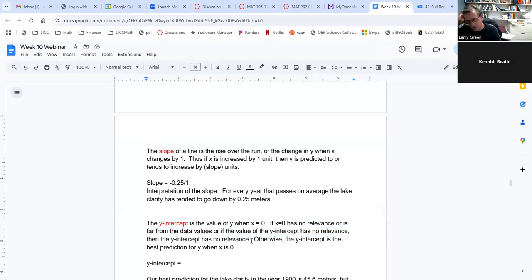And that can happen. The slope will have relevance as long as our hypothesis test said there's a correlation. But sometimes the y-intercept doesn't have relevance. Otherwise, the y-intercept is the best prediction for y when x is 0. For our example, do you think the y-intercept has relevance or not?